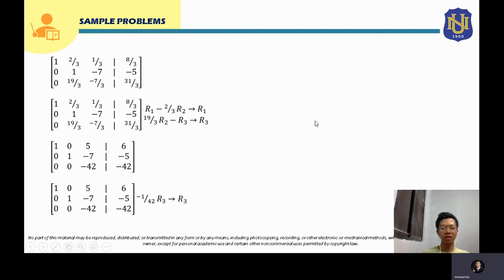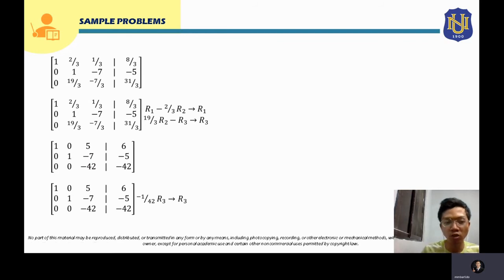So from here, this is not yet a unit matrix. In order to make this a unit matrix, we have to normalize this third row. We have to make this negative 42 as 1. So normalizing it, we have to think of a number that we can multiply to the third row in order that this negative 42 will become 1.